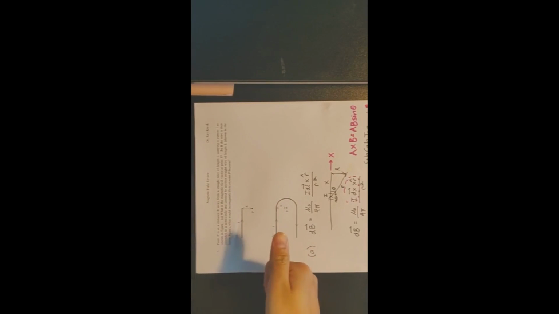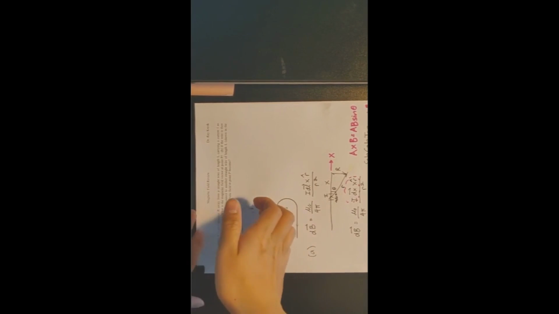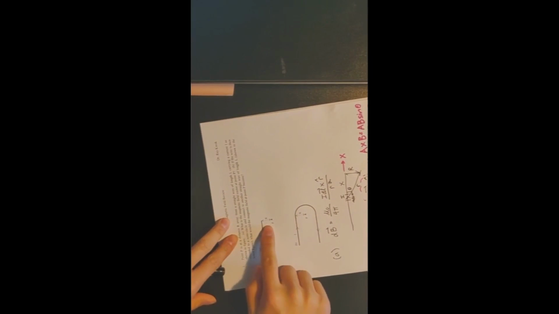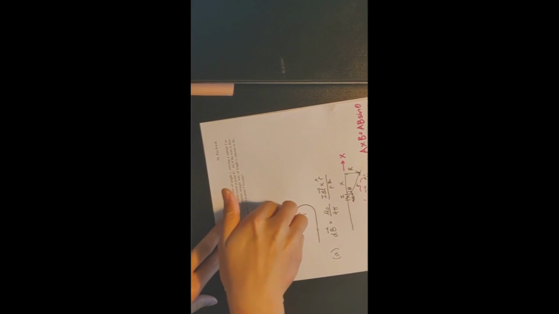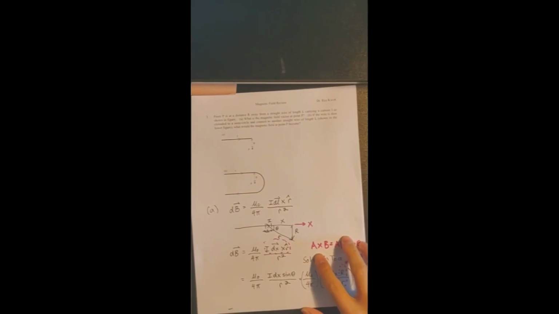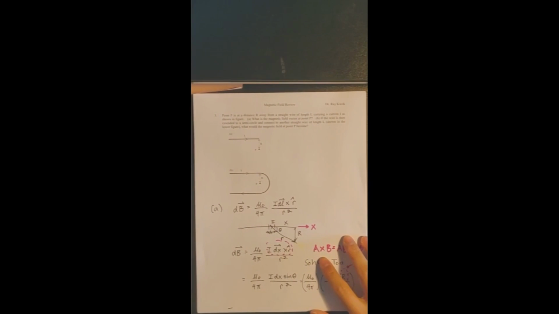So again, thumb goes in the direction of the current, and then you go around. And if we're looking at this point specifically right here, we're hitting the point, that means that it's going into the paper. So that means that this magnetic field is also going in, which is just this symbol right here.